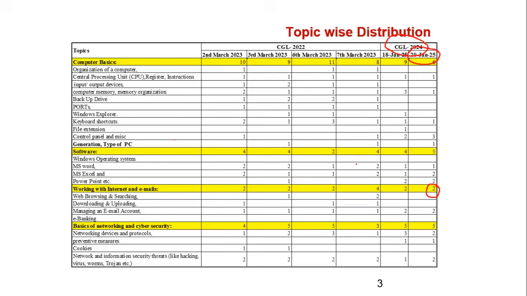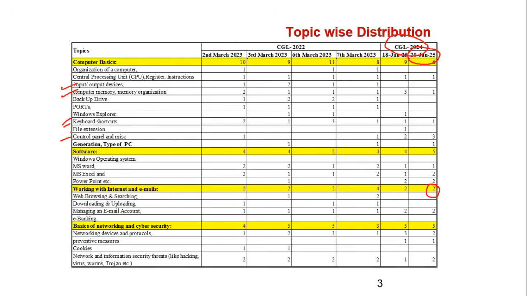And if you want to dig much deeper, the most important topics are input output devices, computer memory, and sometimes you will find keyboard shortcuts. Okay. And the other one is miscellaneous questions they are asking, which are nowhere related to either basics or the software. Okay.